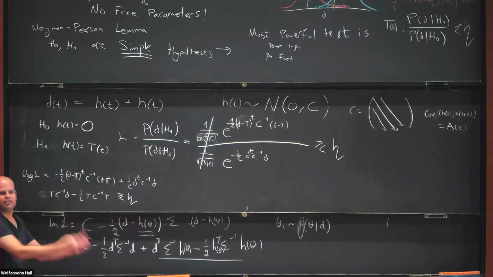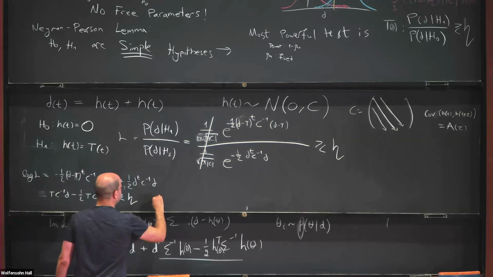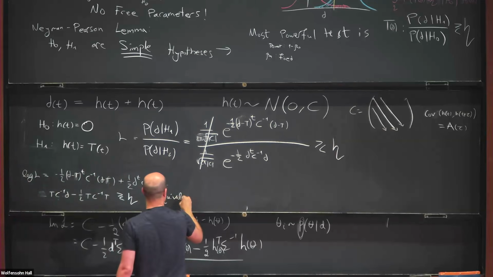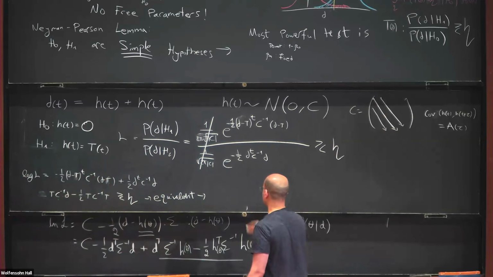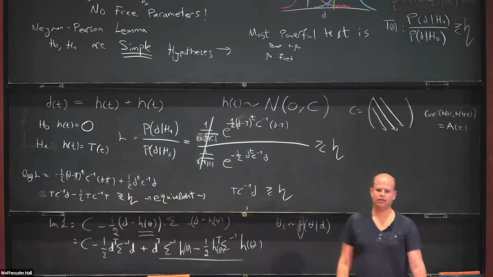So adding a constant, it's a monotone transformation, okay? So that's equivalent, totally equivalent. That's totally equivalent to t c minus 1d larger or smaller than eta.